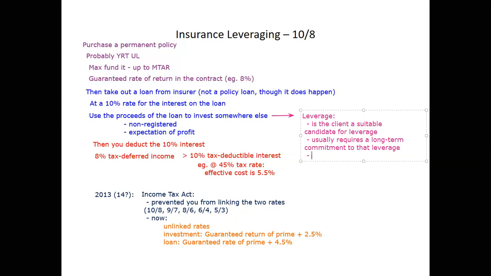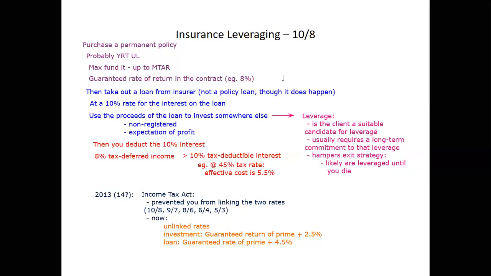And it really hampers any sort of exit strategy for the 10-8. So the problem here is you likely now are leveraged until you die. Okay. I know there are other ways to do this, but honestly, that's what I almost invariably find with 10-8, is we set this person up to be leveraged until they die.